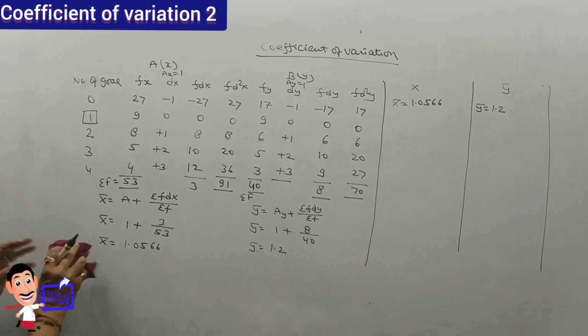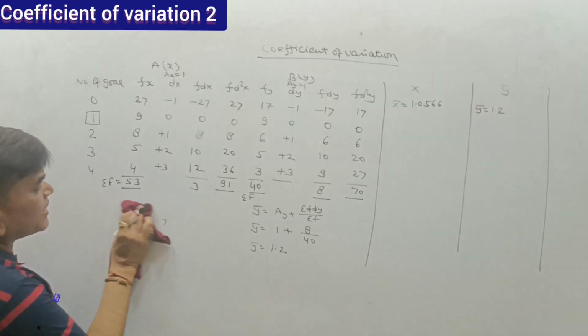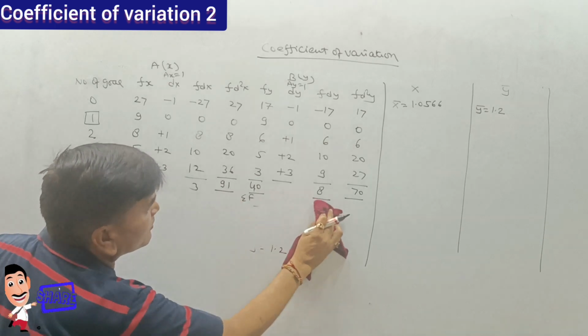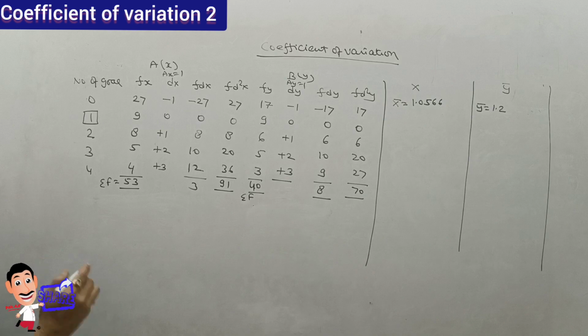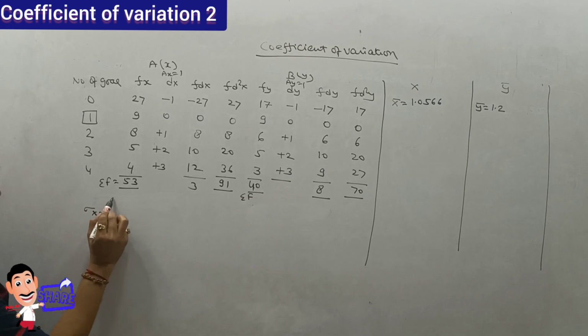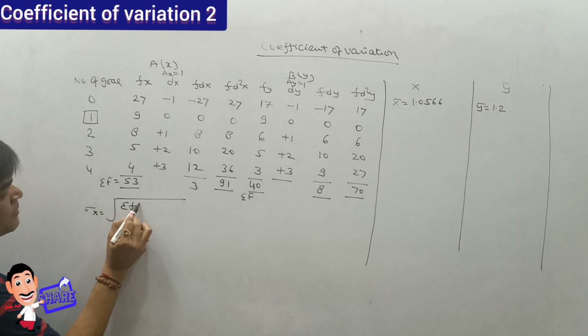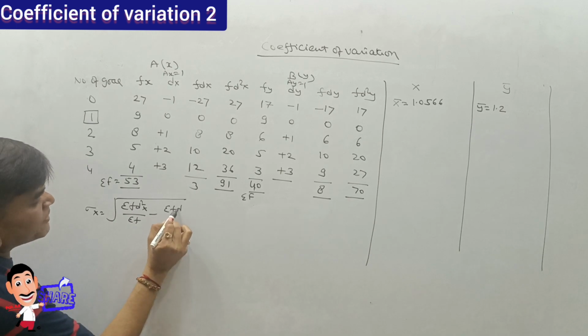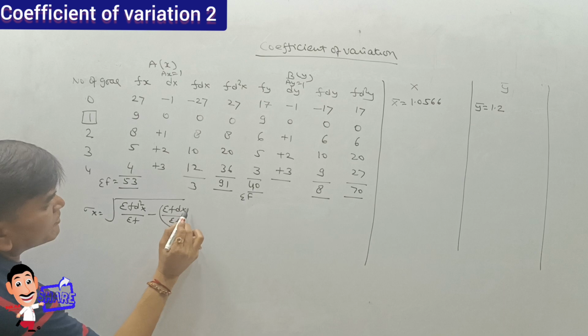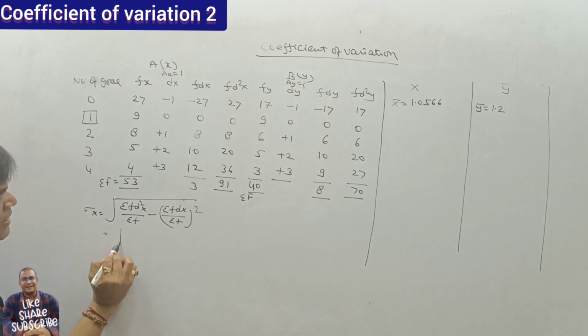Now we are calculating the standard deviation of x and also of y. Standard deviation of x is the square root of sigma f d square x upon sigma f minus sigma f dx upon sigma f raised to power 2, using the assumed mean formula.